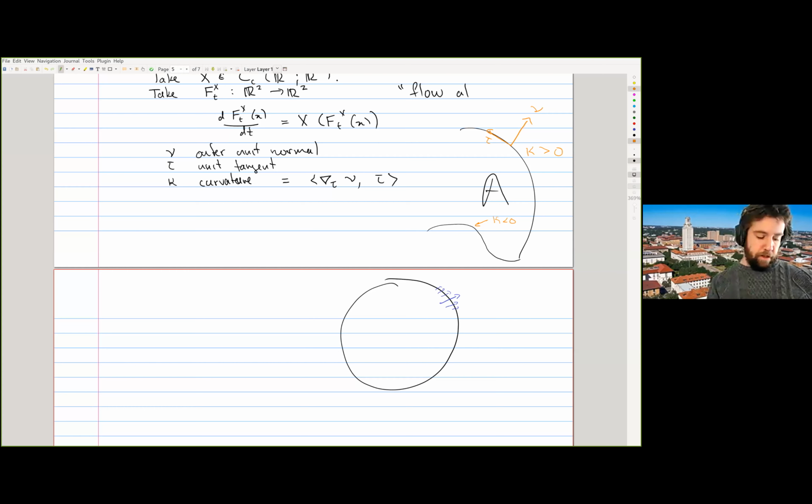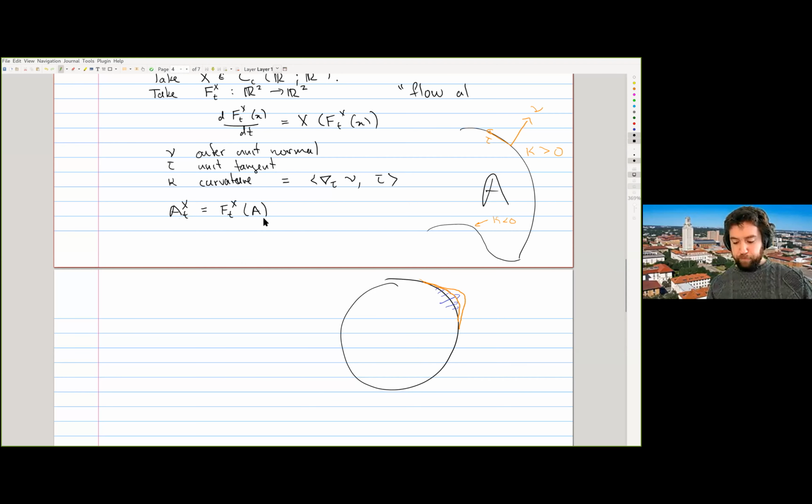And then I'm going to take my flow and flow my set, and I'm going to end up with a slightly perturbed set like that, as I flow it for positive time along the vector field. So I'm going to define A_t^X to be the flow along the vector field X of the set A for time t.